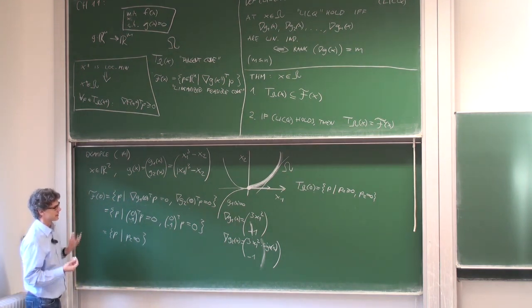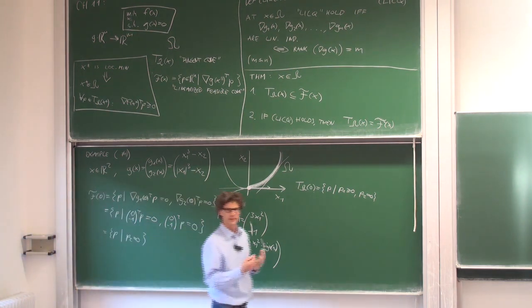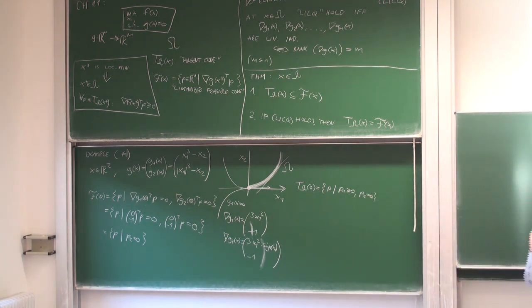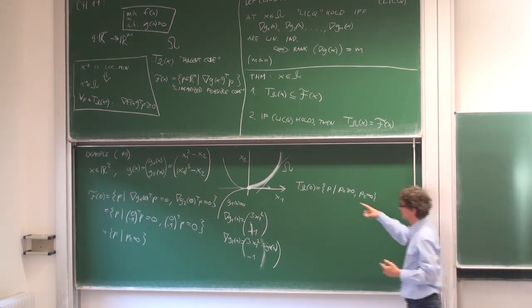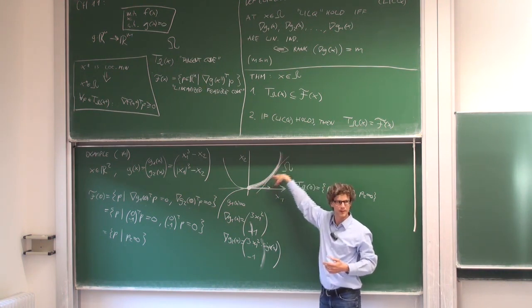Okay, so this is a little bit of motivation. So why is this not always the same? You might say they look so similar, and probably they are. In most cases they are the same, but only if this LICQ condition holds. In this case, because we have 2 times the same constraint, even here LICQ does not hold.